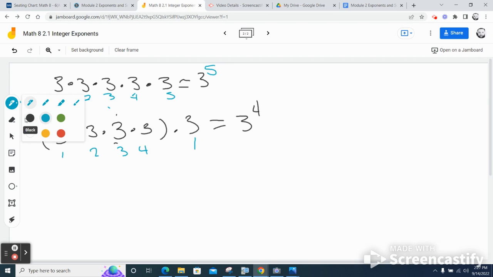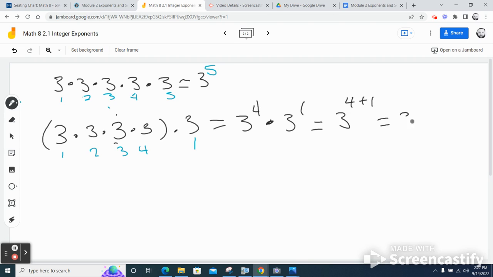So can I say 3 raised to the 4 times 3 raised to the 1? But how many 3's do I have total? Well, I have 5 total because I'm taking 4 and adding 1 more to it, right? Does that make sense?